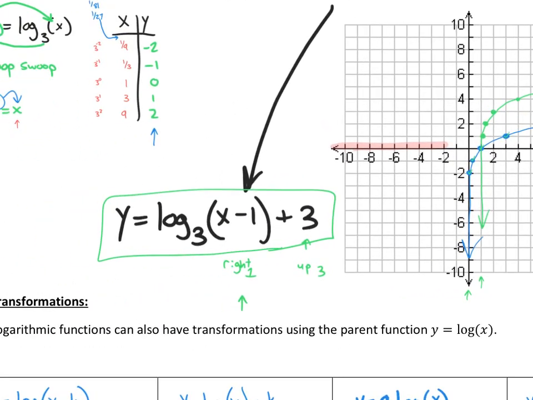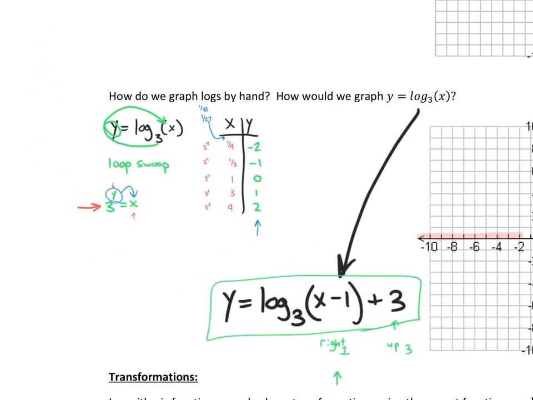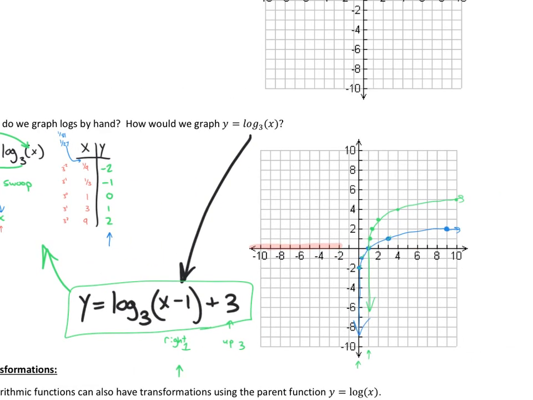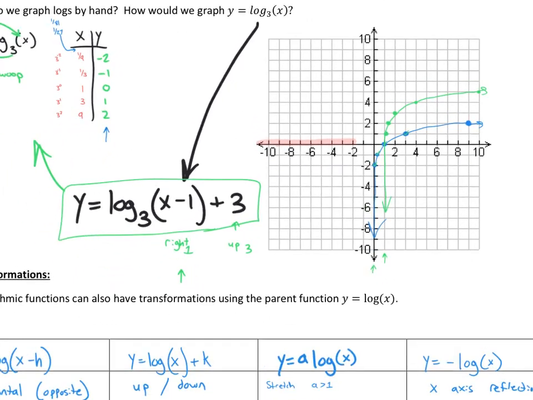And that's how you would go about graphing something like y is equal to log base 3 of x minus 1, plus 3. You'd first complete this process to graph the parent function, which we did in blue, and then you would simply apply the shifts, which in this case is going to the right 1 and up 3.